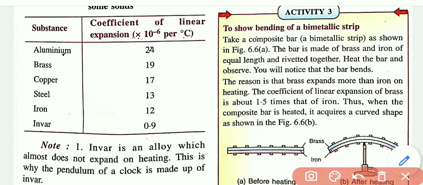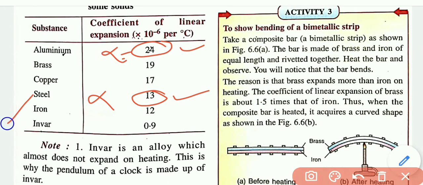If I ask about aluminium and steel, the coefficient of linear expansion is 24 for aluminium and 13 for steel. Both steel and aluminium are given the same temperature, 100 degrees centigrade.